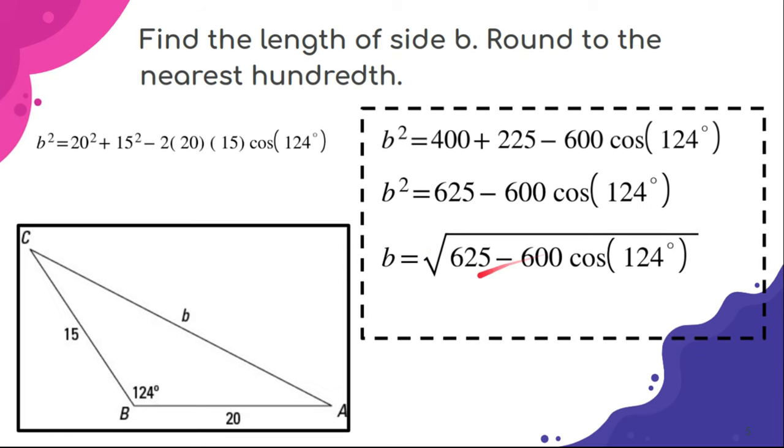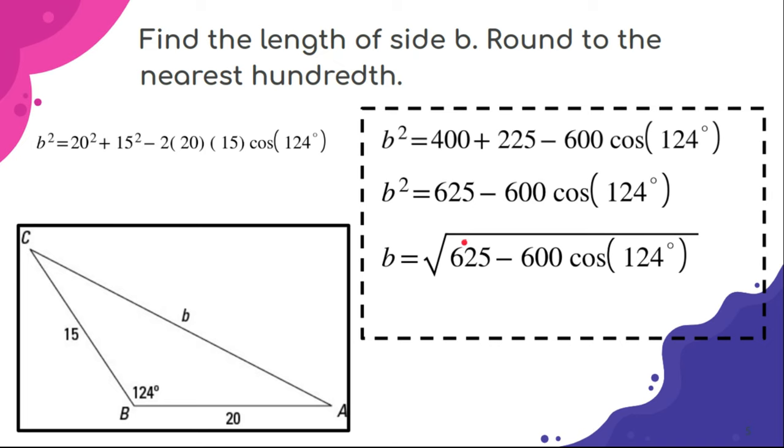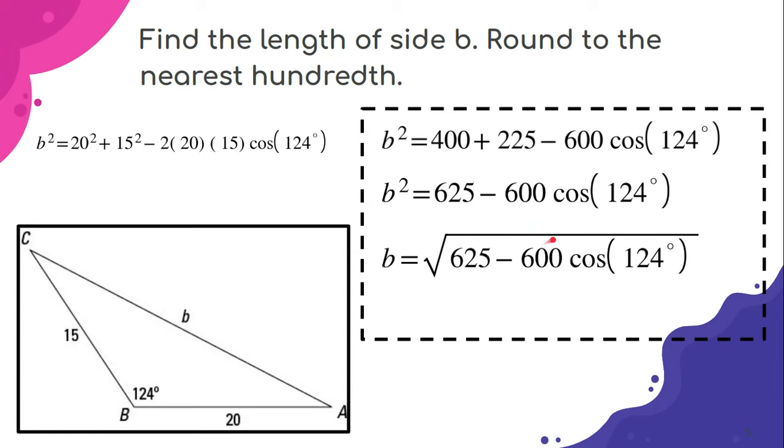Then from there, we will calculate the square root of 625 minus 600 times the cosine of 124 degrees in order to get the accurate length of B. And as you get the answer, we will then need to round the answer to the nearest hundredth, resulting in the answer of the side length of B to be about 30 and 99 hundredths, or 30.99.